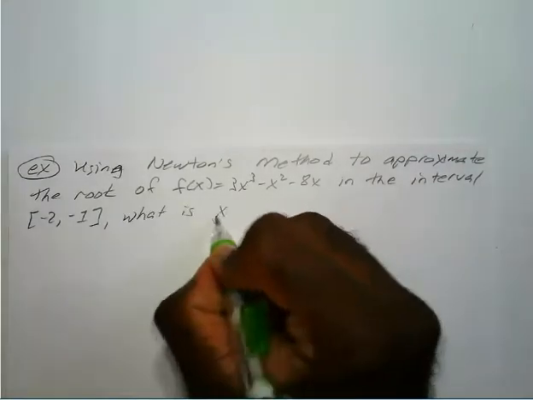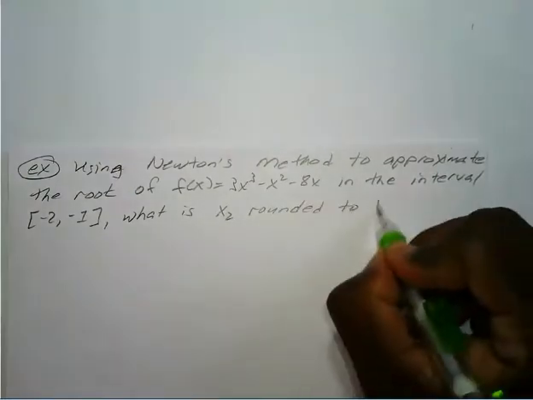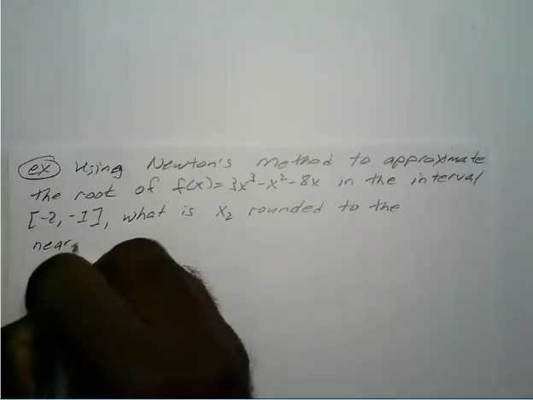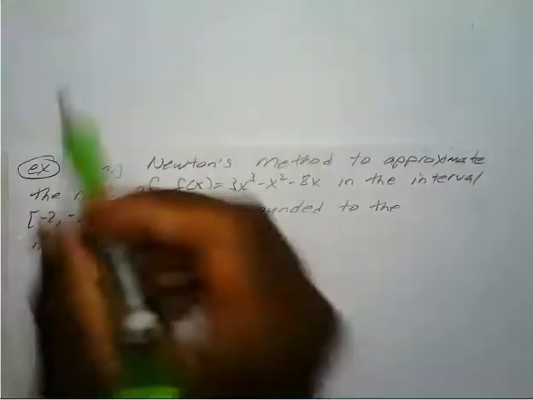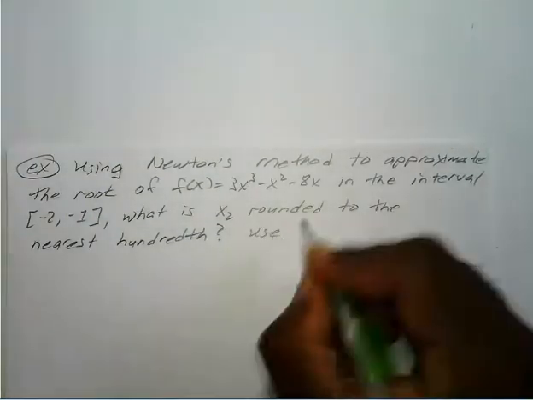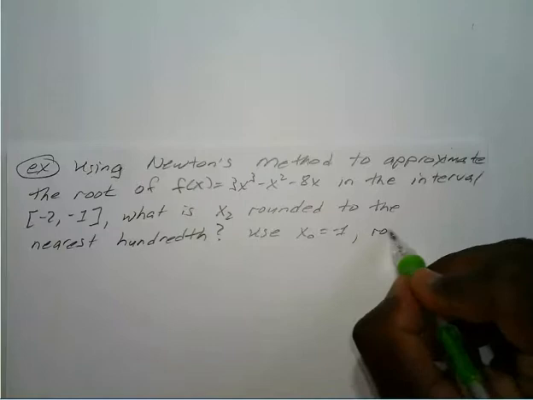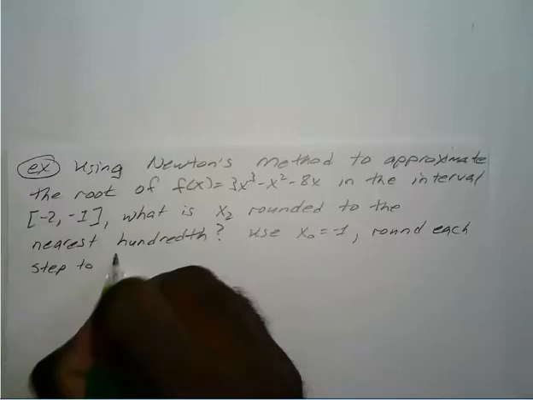What is our second iteration, rounded to the nearest hundredth? Now we're going to use x of 0 equals -1, and we're going to round each step to the nearest hundredth.